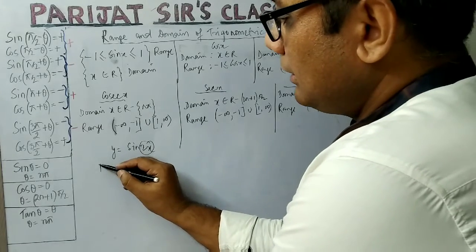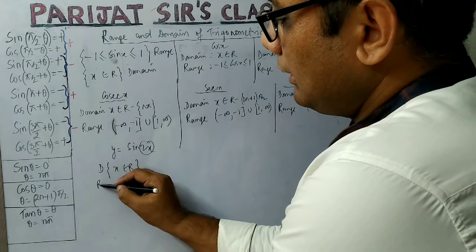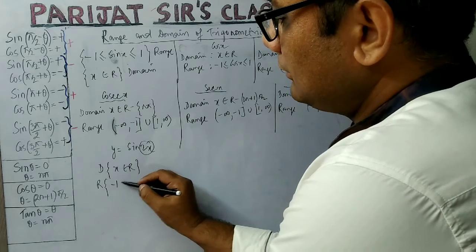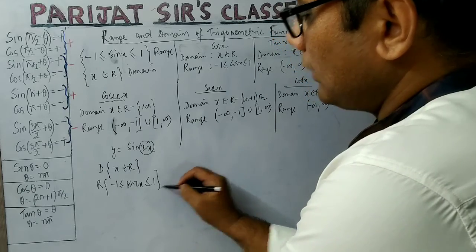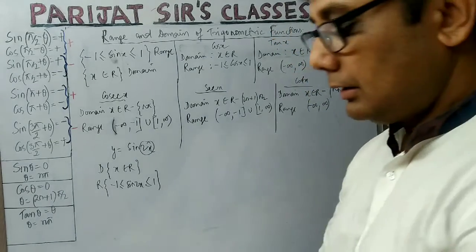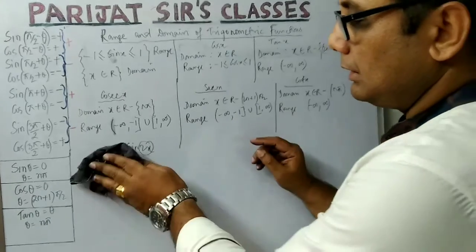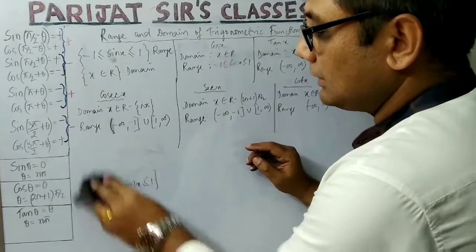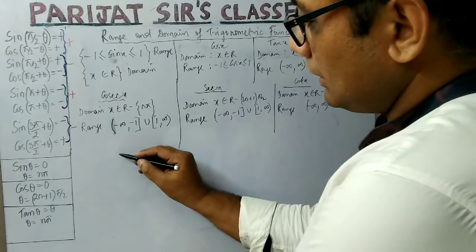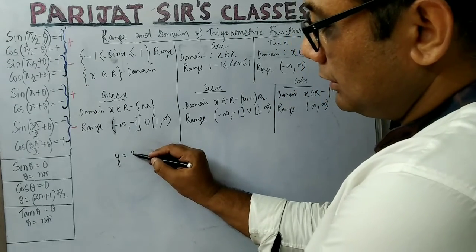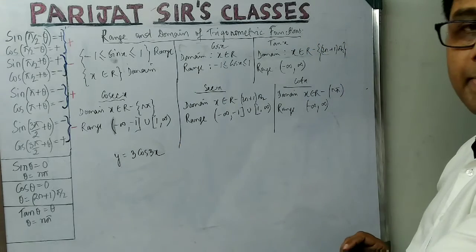So again, its domain will be x belongs to real numbers, and the range will be -1 less than or equal to sin 2x less than or equal to 1. Remember that.